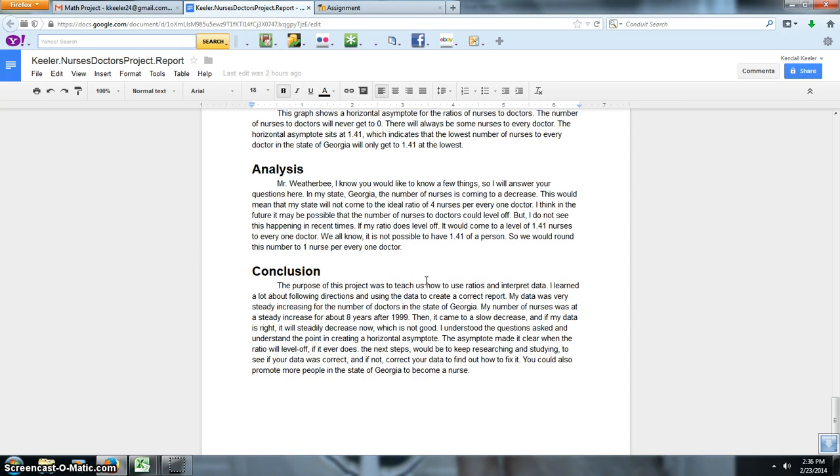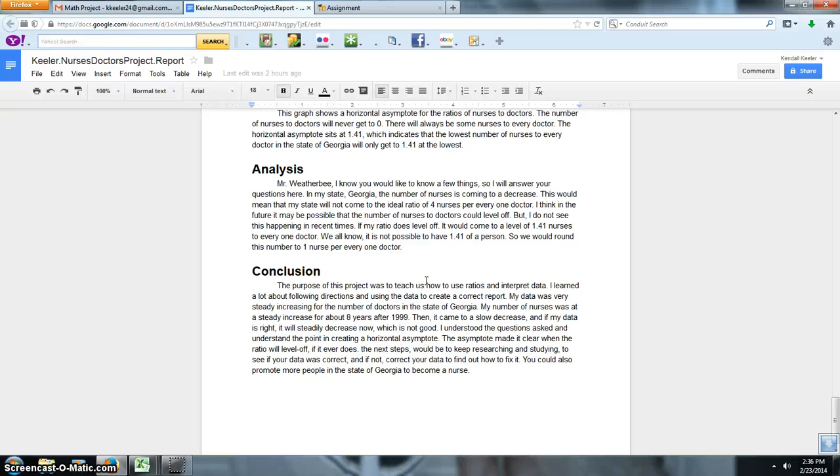I know you asked if I think that it will level off in the future in the state of Georgia, and I do not think that in the state of Georgia it will ever level off to the ideal ratio of 4 nurses per doctor because it won't ever reach that if it's coming to a steady decrease.